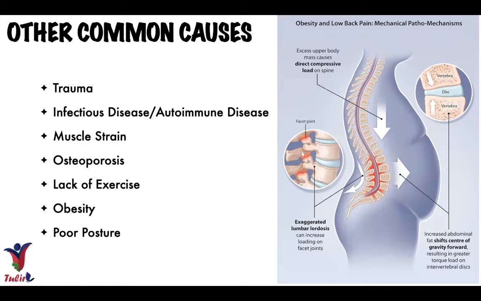The other common cause is osteoporosis. See, our blood maintains calcium levels. Our body considers bone as a storage for calcium. Whenever the blood calcium level lowers, the body automatically takes the calcium from the bones.